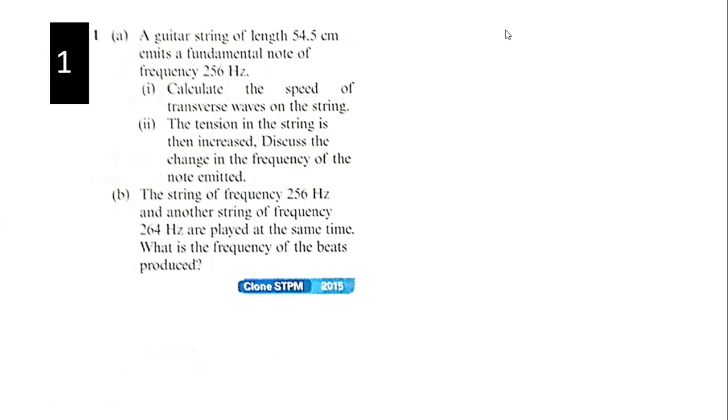Am I recording? Okay. Part B. A string of frequency 256 Hertz and another string of frequency 264 Hertz are played at the same time. What is the frequency of the beat? How to find the frequency of the beat?